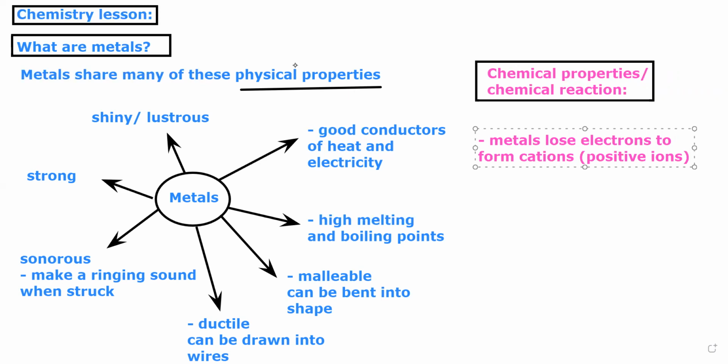For example, we have sodium. Sodium's atomic number is 11, so it has one valence electron that it will lose, forming Na plus 1. Calcium will be 2 plus. About the ions also, we can learn separately.